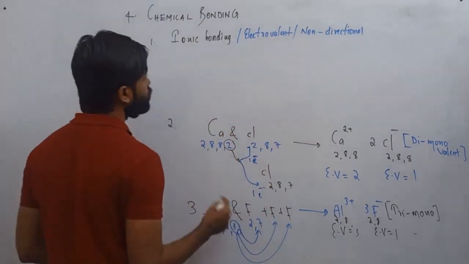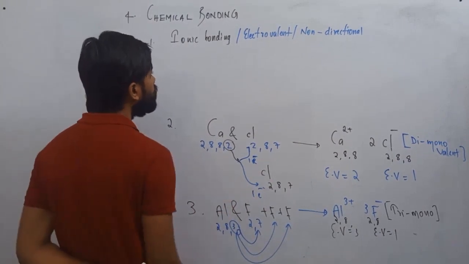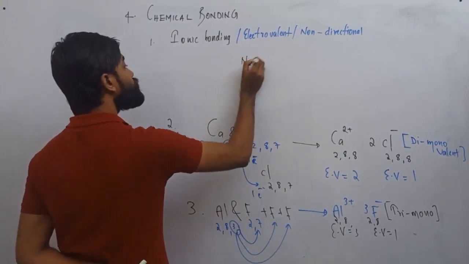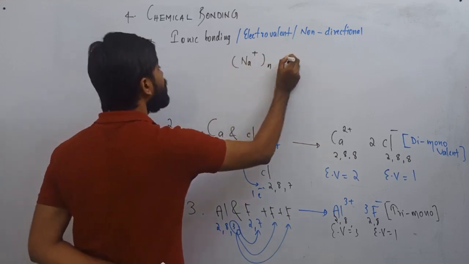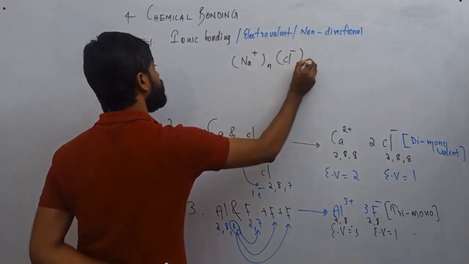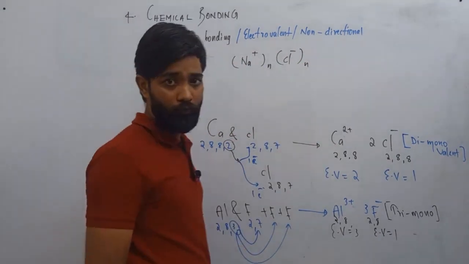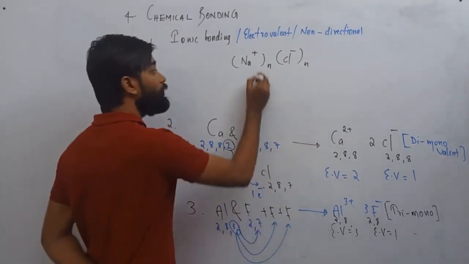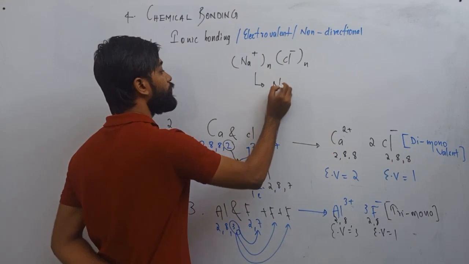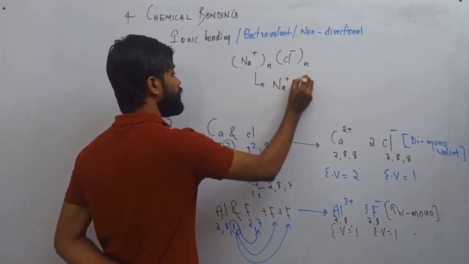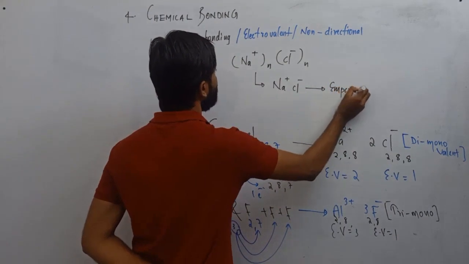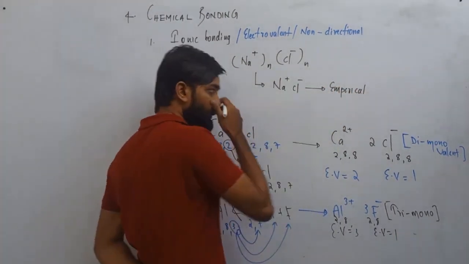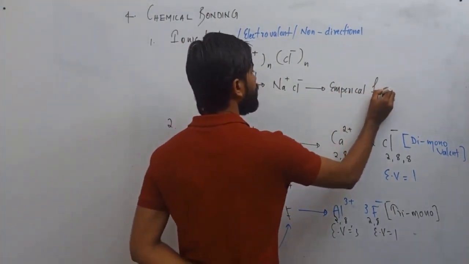What does that statement mean? If we have a sodium chloride crystal, then there will be n number of Na plus and n number of Cl minus. This is the actual formula of sodium chloride. But we usually represent it as Na plus Cl minus. This is actually the empirical formula, the simple formula of that typical ionic compound.